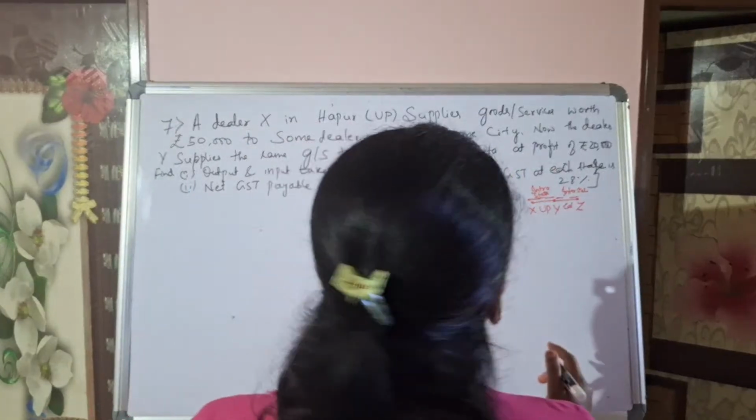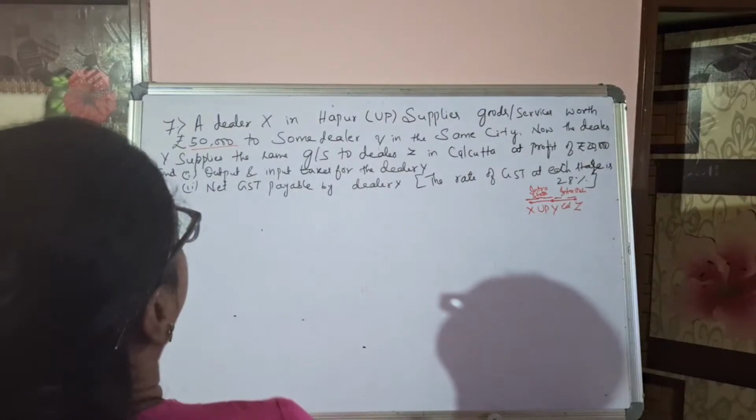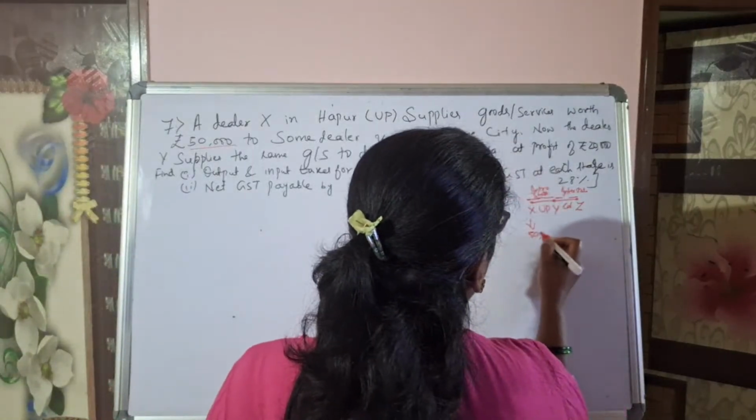At a profit of 20,000. Here, the cost price is 50,000.